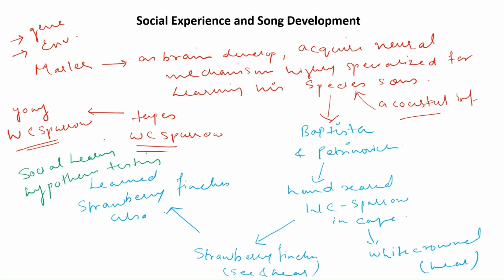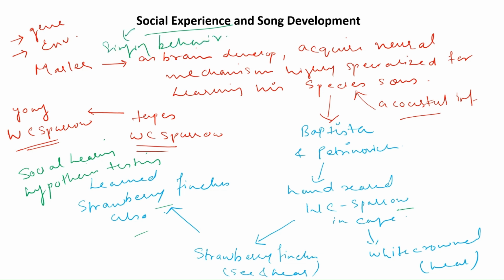So that means the social experience, the surroundings, the environment definitely has its effect on the way the song develops. So not only the genes but also the environment has its effect. Therefore, the white-crowned sparrow learned the song of strawberry finches also. So it proves that social experience shapes singing behavior.